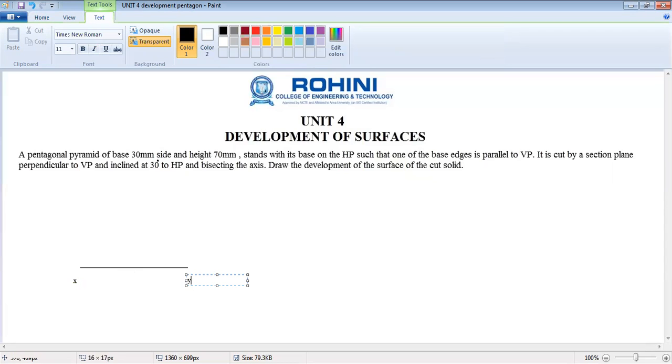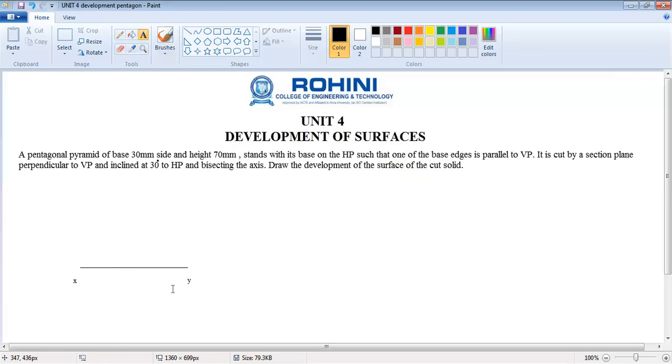Resting on HP means we can see the pentagon shape in the top view, so we have to draw the pentagon in top view.